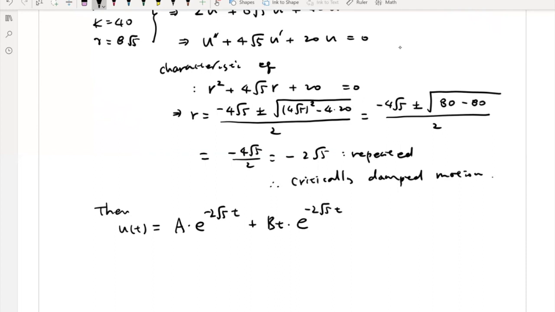Okay? So for my convenience, let me combine like this way: A plus b t, e to the minus 2 square root of 5 t, like that, okay?